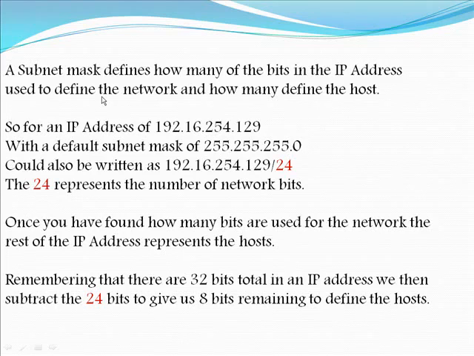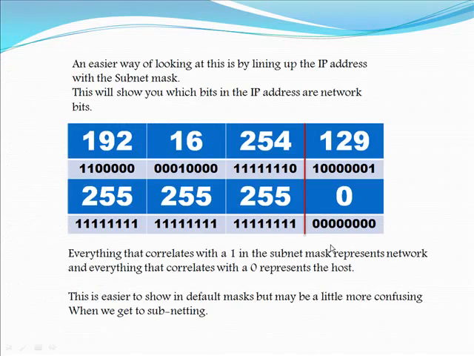The subnet mask is what is used to, once again, define the network bits and the host bits. Your 24 bits would be dedicated to the network, and since there are 32 bits total in an IP address, we subtract the 24 from the 32, which gives us 8 bits remaining to define the host bits.